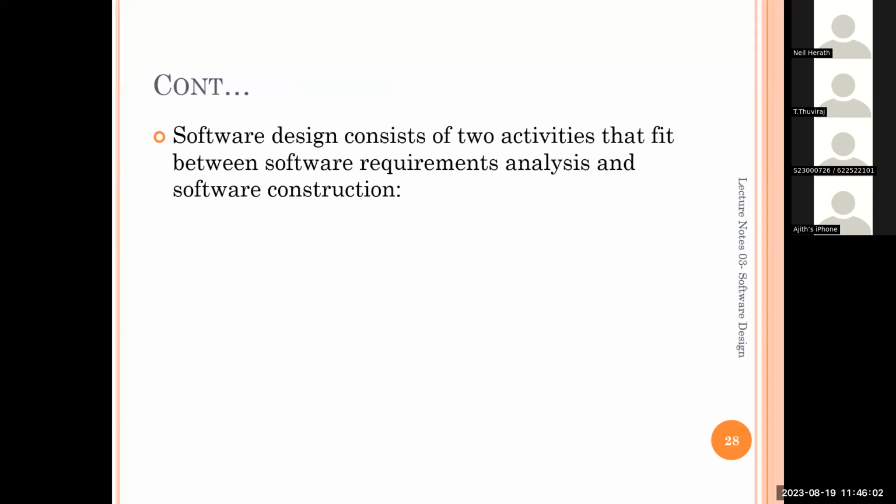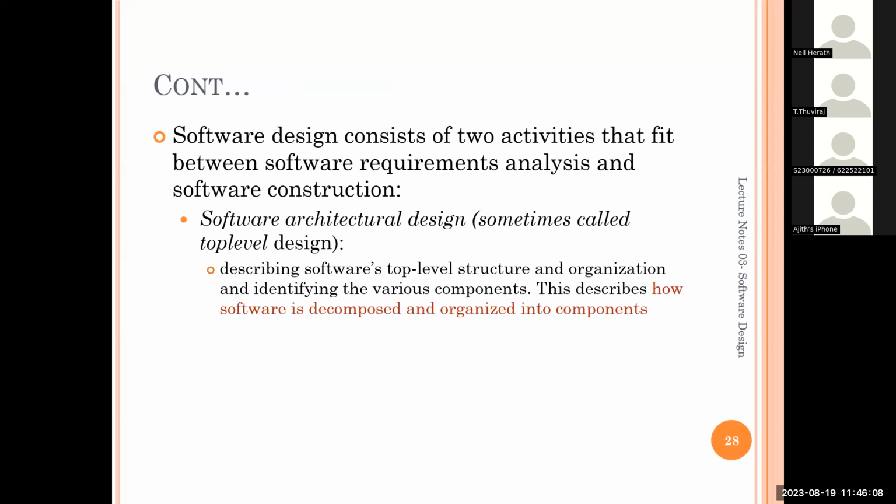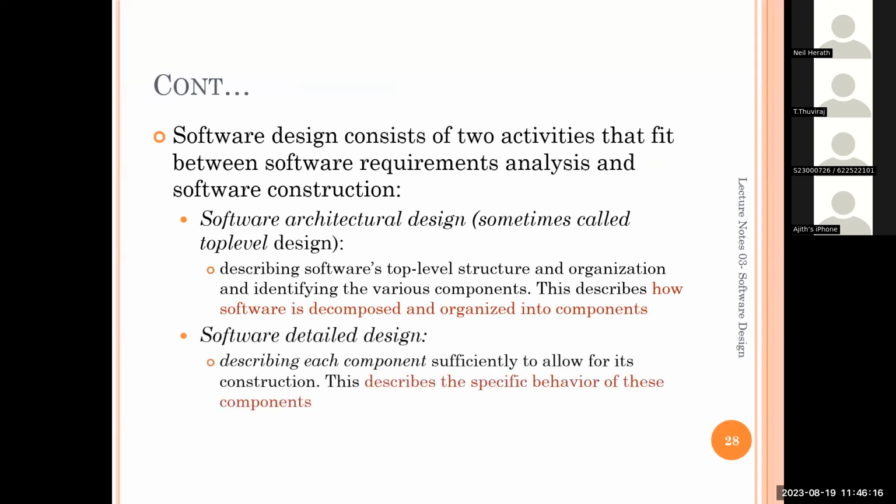So in software design, there are two activities that fit into requirement analysis and construction: the architectural design, which is the top level design, and the detailed design. In the top level design, we describe how software is decomposed and organized into components. In the detailed design, we describe the specific behavior of the smaller components.